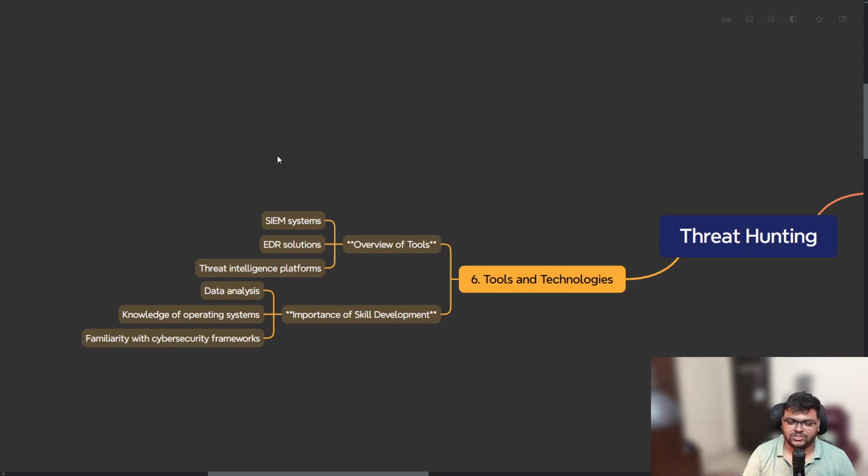You would of course have a lot of reputation checking websites, URLScan, VirusTotal, all of that available to you. I would recommend hosting your own CyberChef. CyberChef is a really cool tool that helps you convert data from one format to another. It's a GitHub project, so you can fork and host it on your own. If not, it's also available on the web, so you can even use it there.